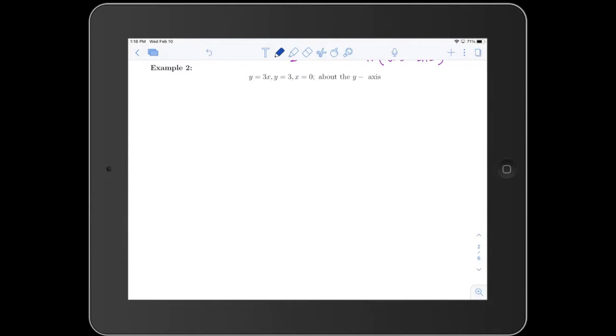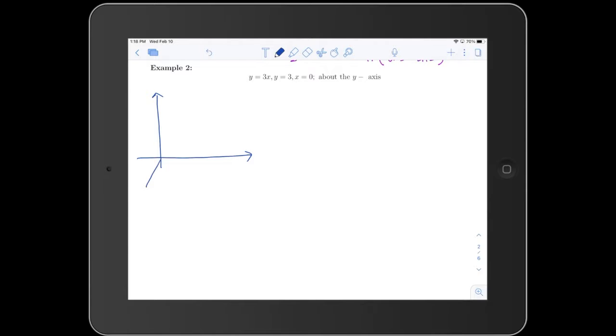What is this example here? We have the following setup. The first thing that you want to do when you work with problems like this is make a nice sketch. It doesn't have to be super precise, but it's good to have a good picture of what you're working with. So we have y is equal to 3x.